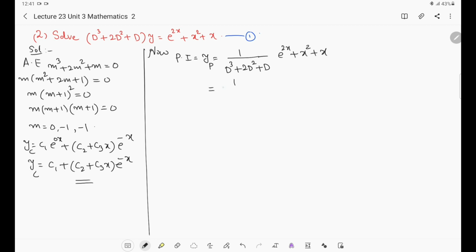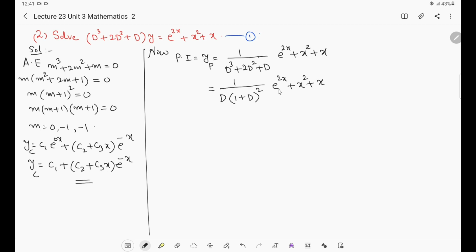One step ahead, D cube plus 2D square plus D can be written as m into (m plus 1) whole square, meaning D into (1 plus D) whole square, because when we expand this we get D cube plus 2D square plus D. Then e power 2x plus x square plus x as it is.